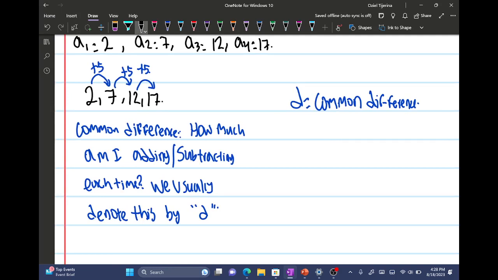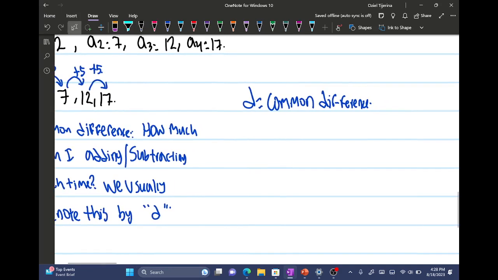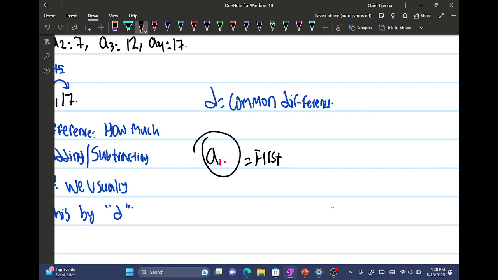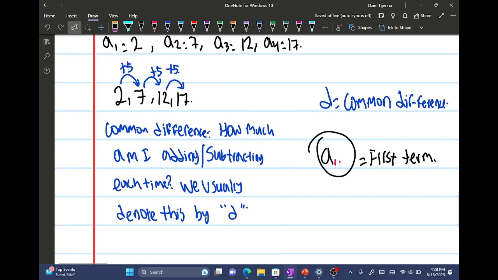Now, A sub 1, if I write A sub 1, this means the first term of the sequence. So if I ask somebody, what is the first term of this sequence that I'm given? I have 2, 7, 12, and then 17. What is my first number? That is my first term.